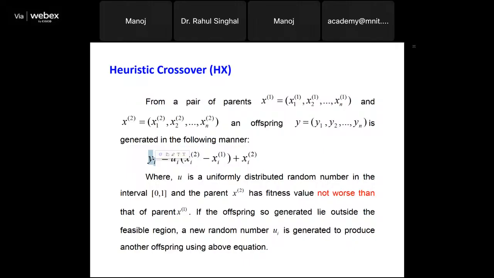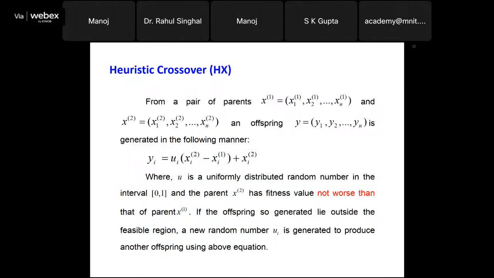It may be more than bi or less than ai. And if that happens, the way this heuristic crossover works is that you basically count such failures. So for example, you pick up x1 and x2 and you apply this crossover.